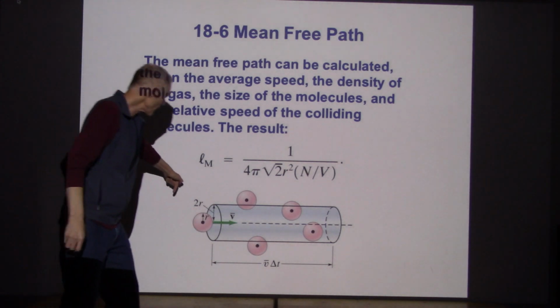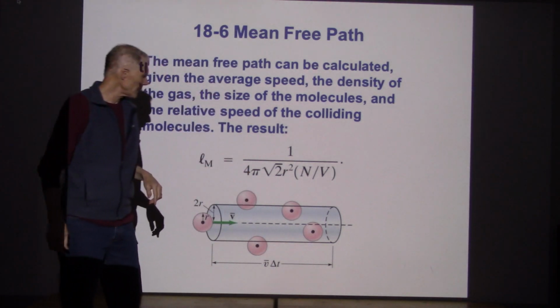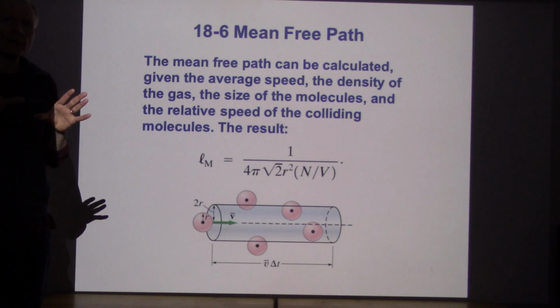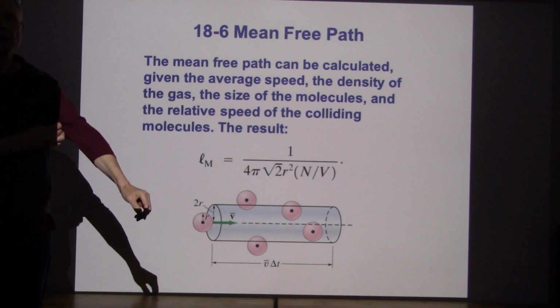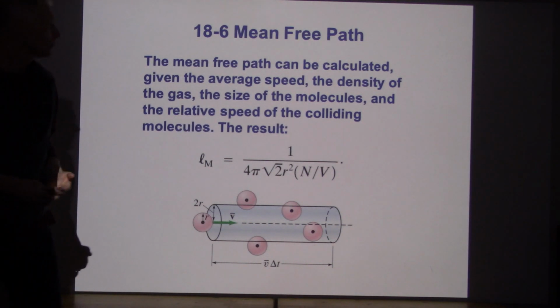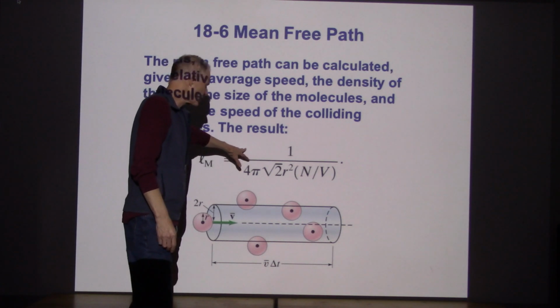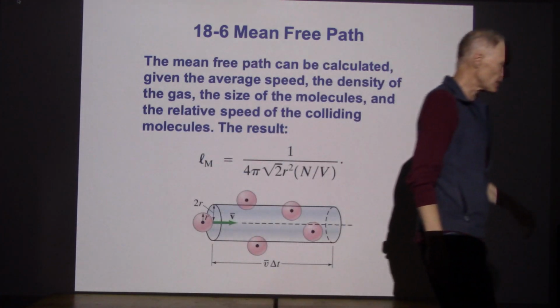As I'm making my way through here, if anything has found its way into the volume, there's a possibility that there's going to be a collision. In fact, there will be a collision for that case. Starting from that diagram, we can derive the formula that we see here.